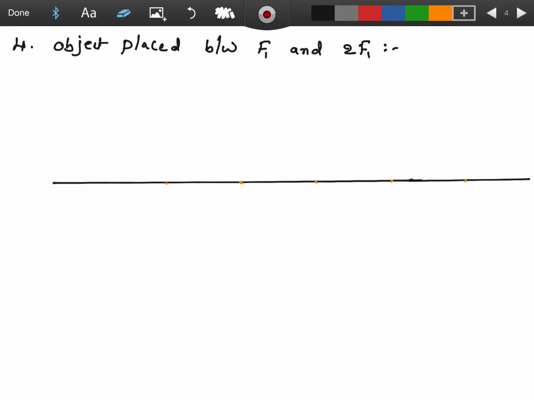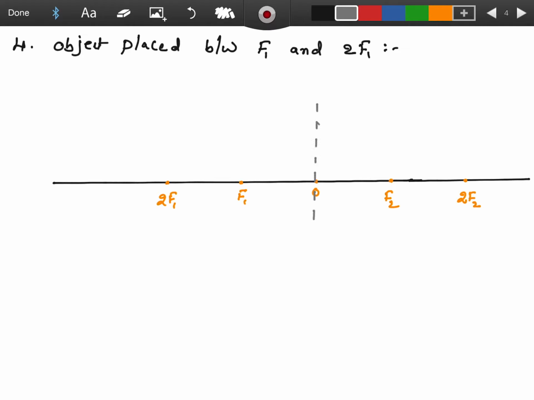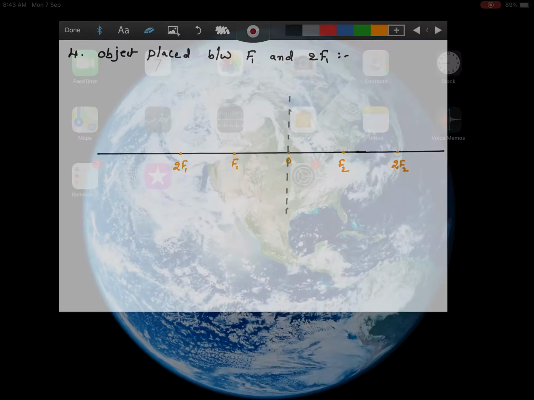See, this is optic center, this is F1, this one will be 2F1, this will be F2, this one will be 2F2. Now where are you going to place the object? Okay, just draw the aperture also. I am going to draw the aperture. This is the aperture.